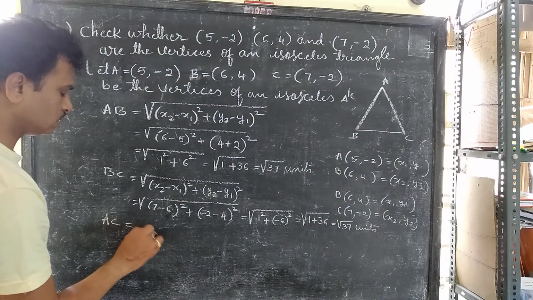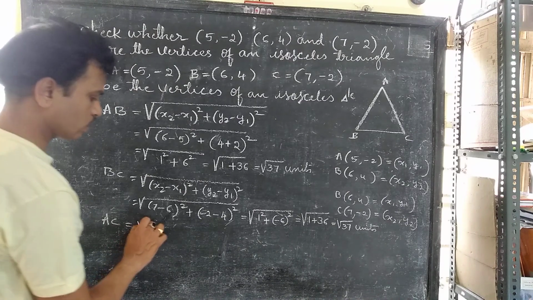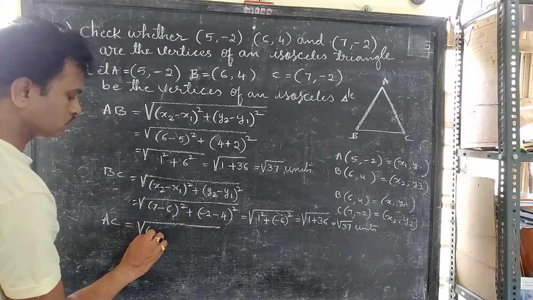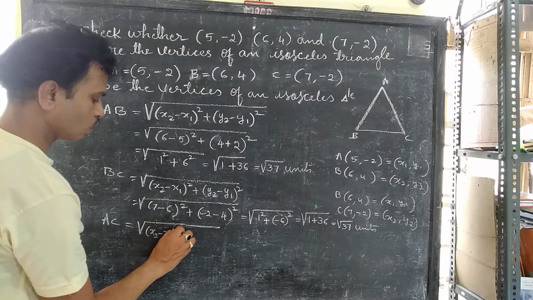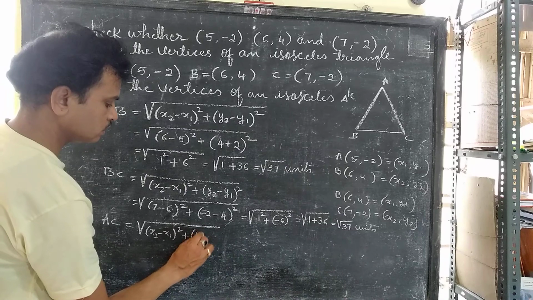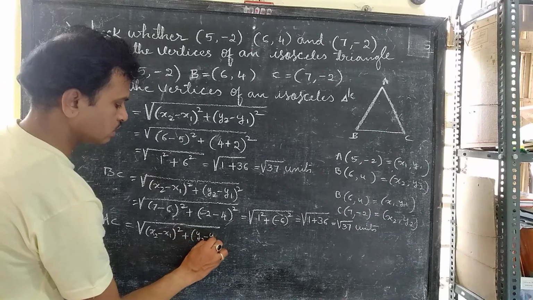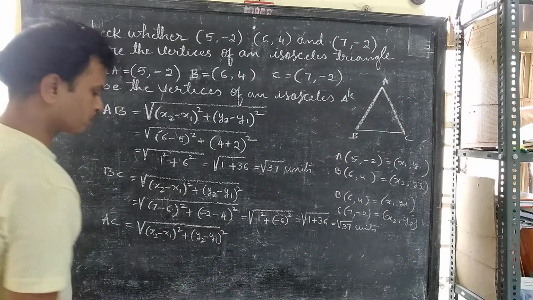Then similarly we should find the distance between A and C. AC is equal to square root of the distance formula, (x2 - x1) whole square plus (y2 - y1) whole square.